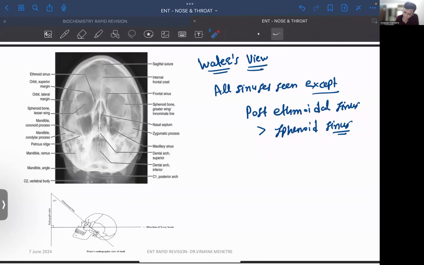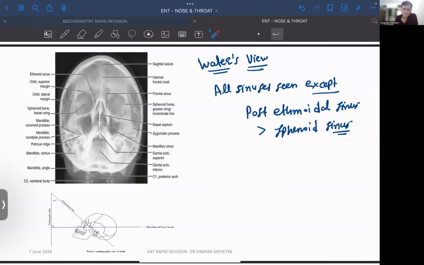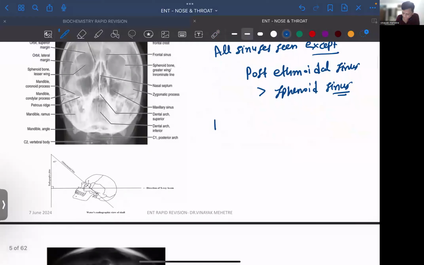The best answer will be posterior ethmoidal sinus, right? This view is best for which sinus? Yes, maxillary.